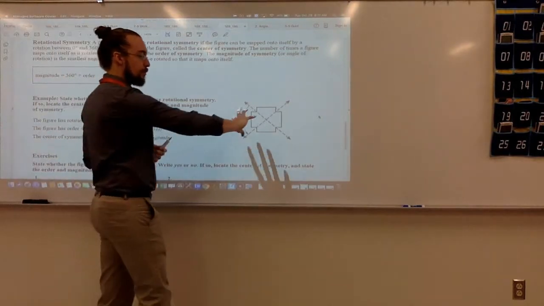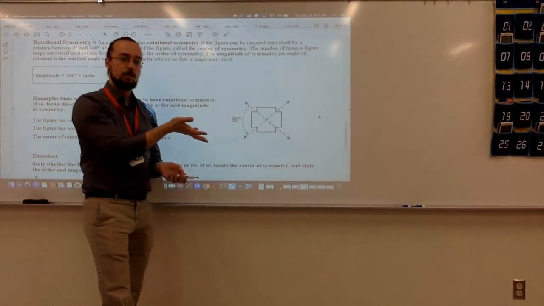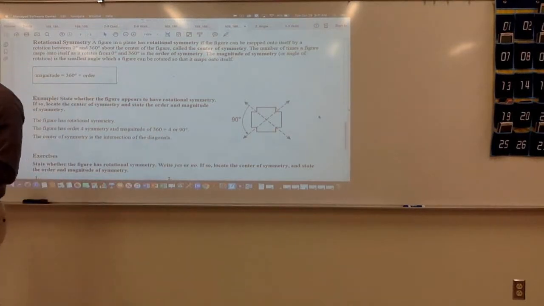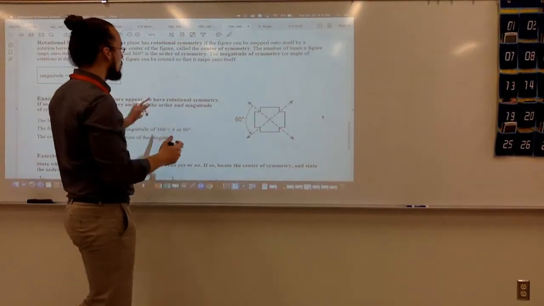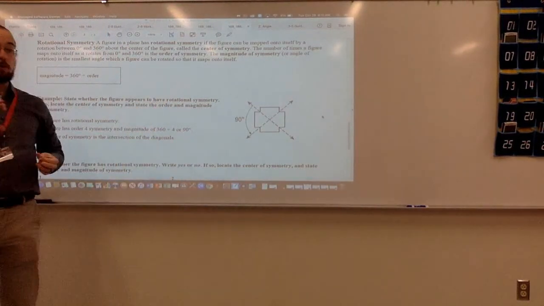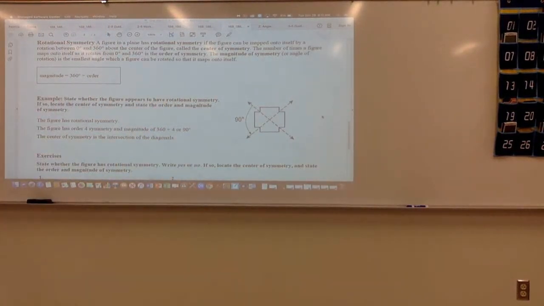If I take a figure and rotate it 360 degrees, obviously it's going to sit on top of itself. So every single figure ever has 360 degree rotational symmetry. That's just rotating it a full turn and putting it back on top of itself. So what we're interested in is, can I rotate it less than 360 and it looks exactly the same?